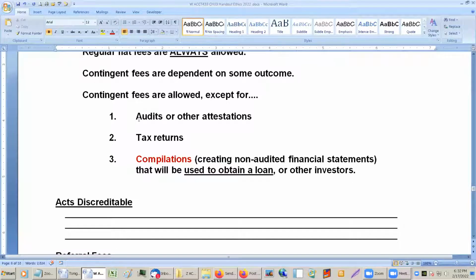So contingent fees are not by themselves wrong, there's nothing wrong with them. But those are the three exceptions. The three places you cannot use those are audits, tax returns, and compilations. So these are the three no-nos.